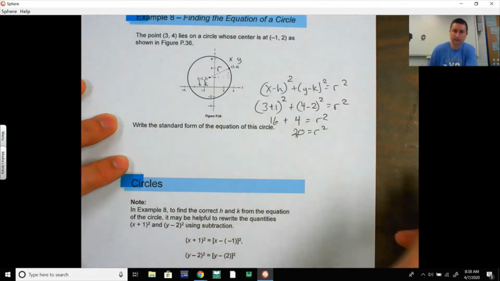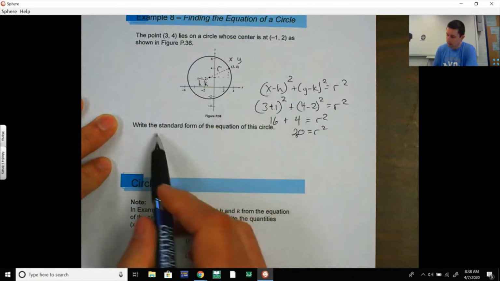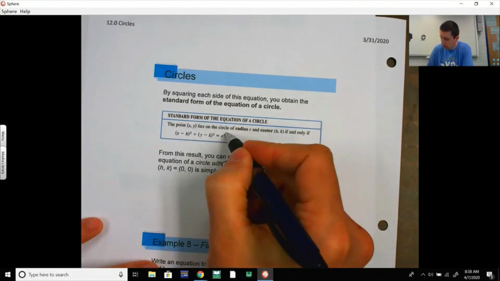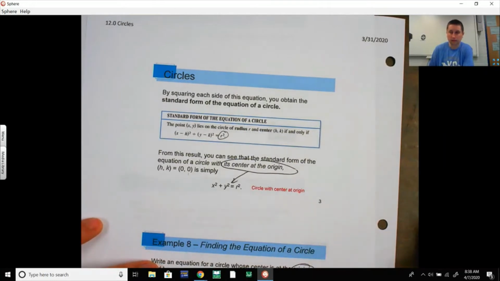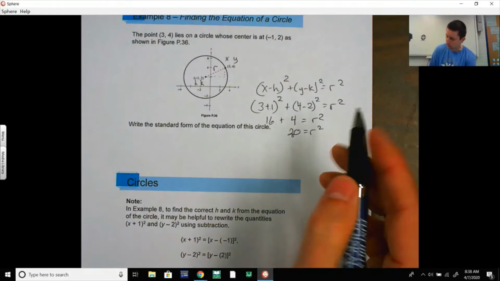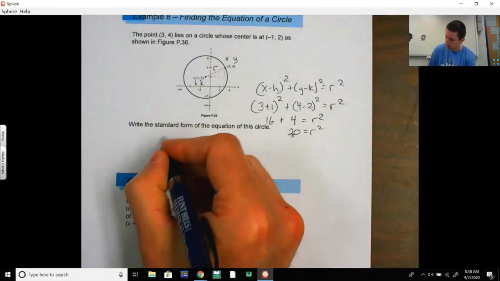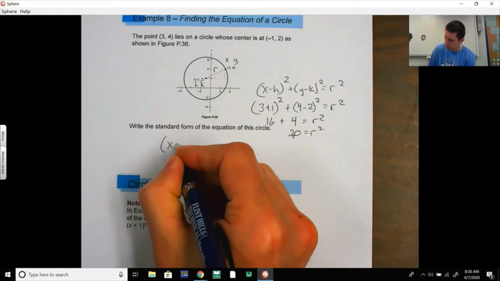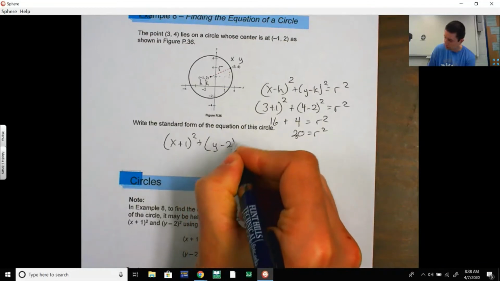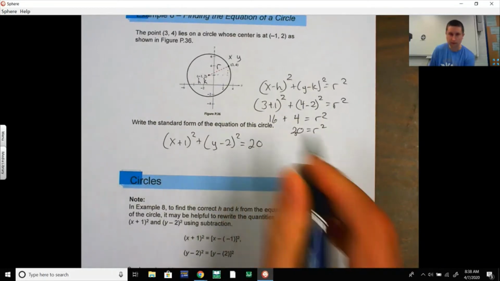So the radius is the square root of 20, but remember they want the standard form of the equation, and the standard form needs an r squared, not an r. So don't worry about finding the exact value of the radius unless they ask you for it. You need r squared. So your answer would be (x plus 1) squared plus (y minus 2) squared equals 20.